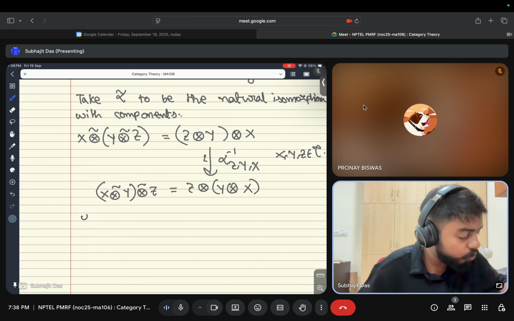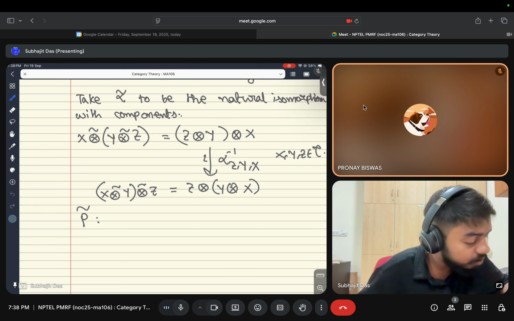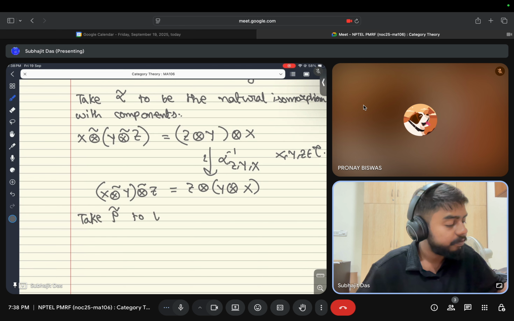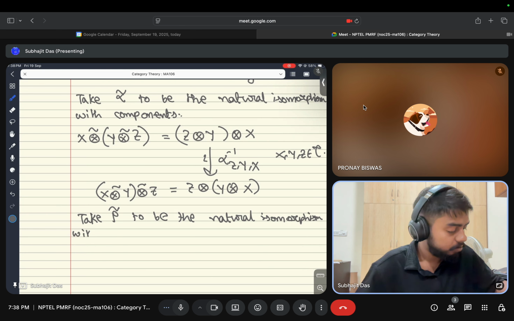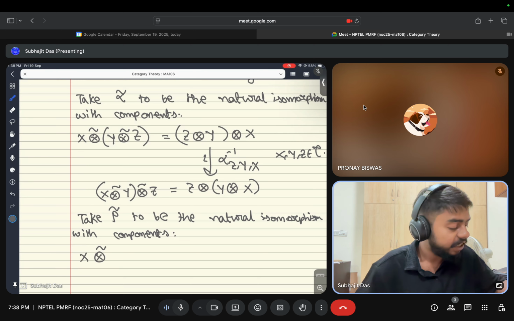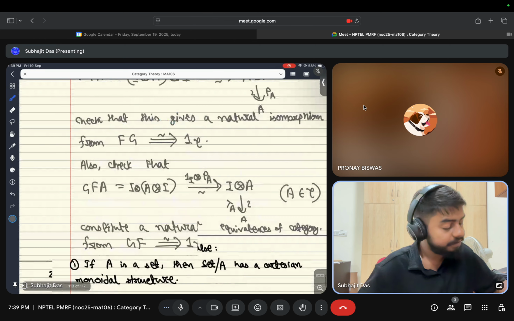What should we take rho to be? Rather rho tilde. Take rho tilde to be the natural isomorphism with components x tensor tilde I, provided we use this notation for rho, just trying to be consistent.